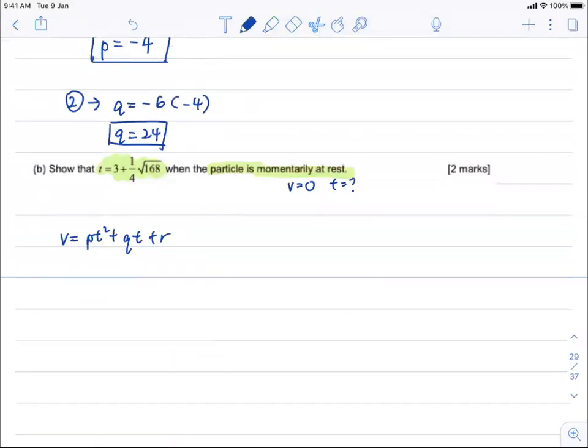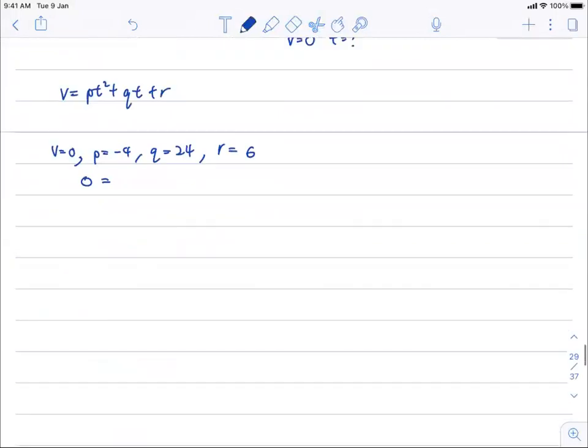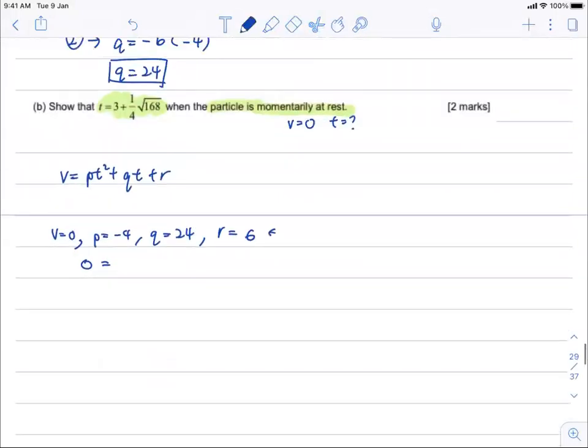We want to find when v is equal to 0, and as we have found in the previous equation, p equal to -4, q equal to 24, and r is equal to 6. So we substitute all these values into this equation: p is -4, t squared plus q is 24t plus r is 6.